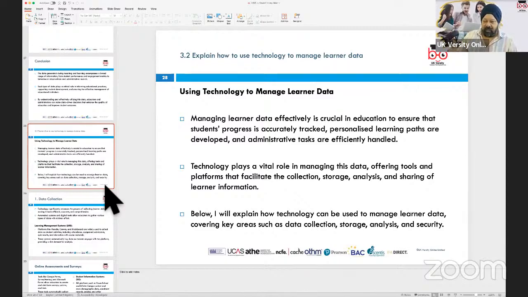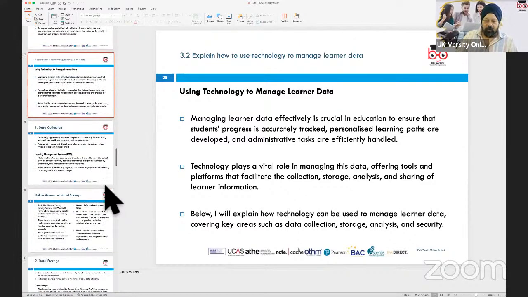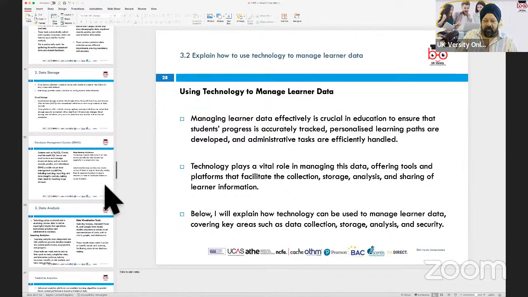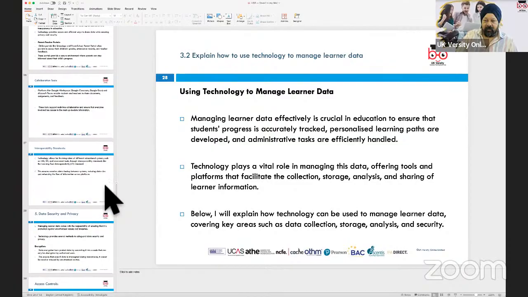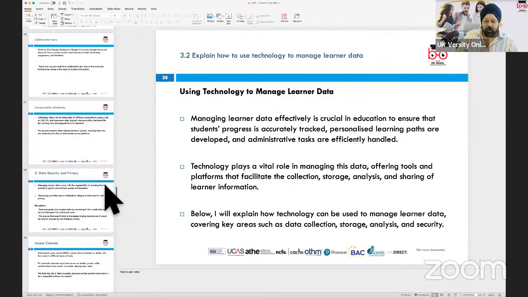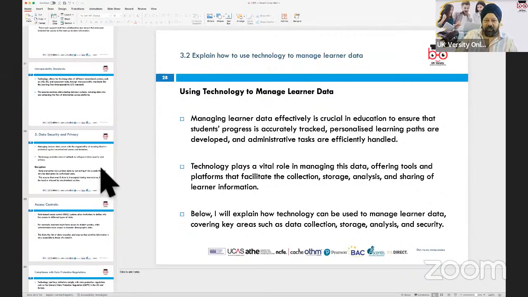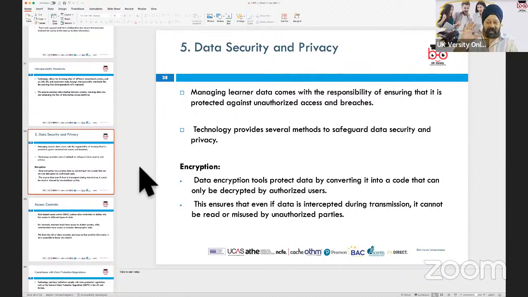So when data is collected, stored, and retrieved, we want to ensure that it is secure from the point of view of access.